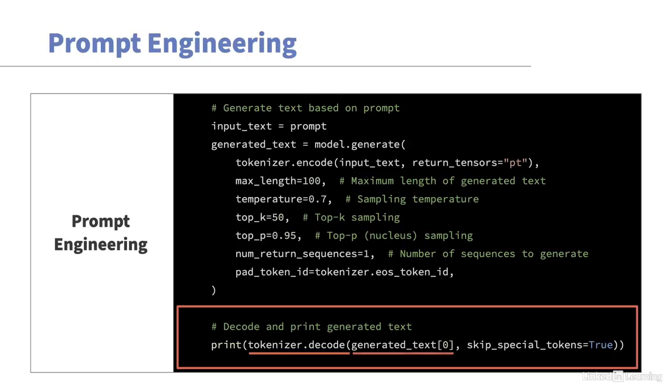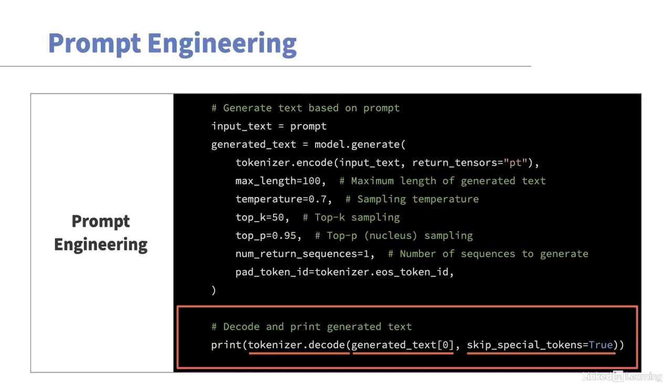It reconstructs the text from the token IDs while skipping any special tokens, for example, padding tokens or end-of-sequence tokens. And skip_special_tokens=True indicates that special tokens should be skipped during decoding.